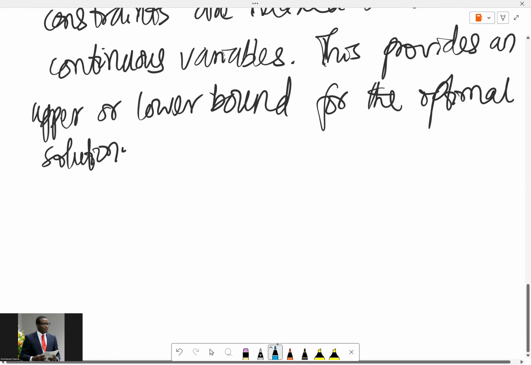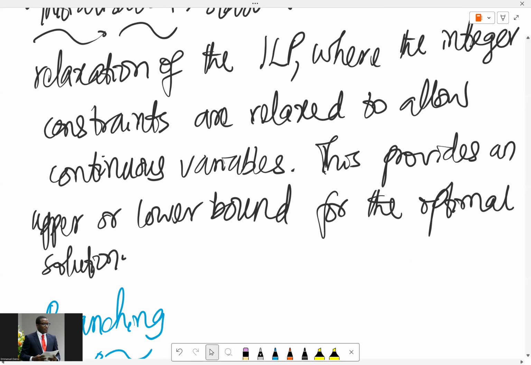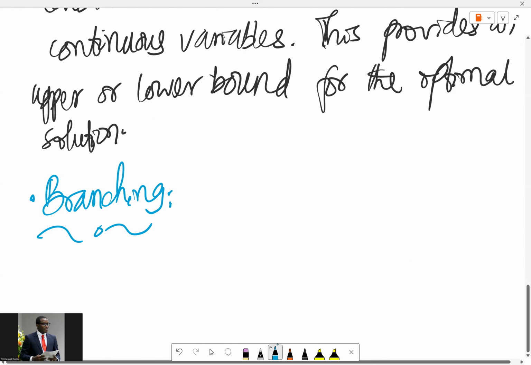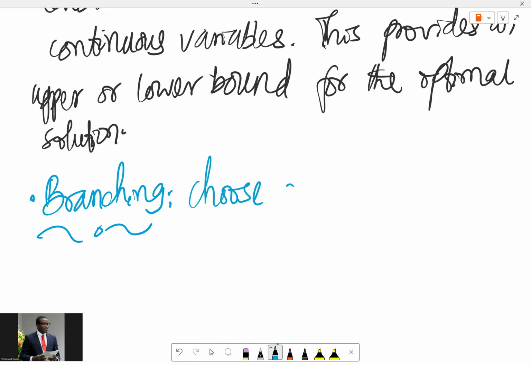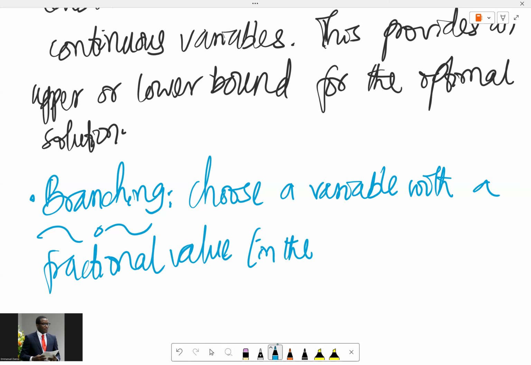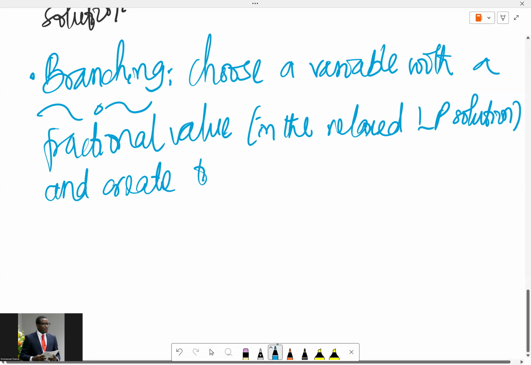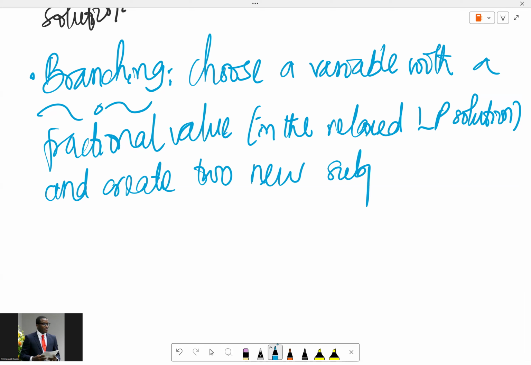Let's talk about the next one, which is branching. For branching, you choose a variable with a fractional value in the relaxed linear programming solution. This is where you don't care about the integer constraints, first of all. And you create two new subproblems by branching.